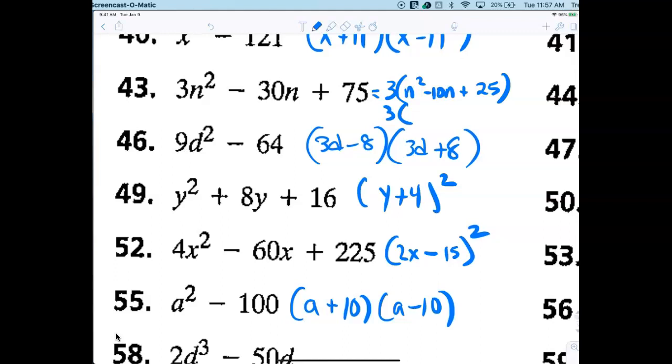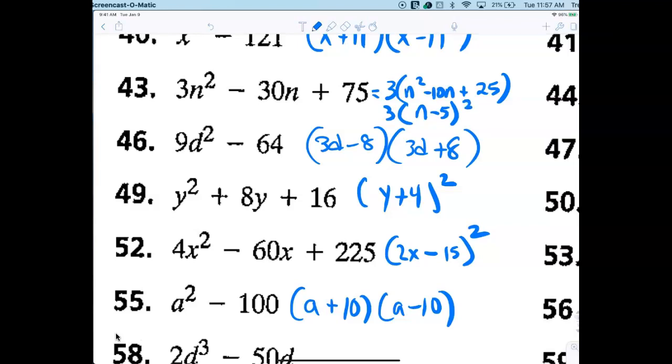So we have 3 parentheses n minus 5, and it's n minus 5 what? N minus 5 squared.